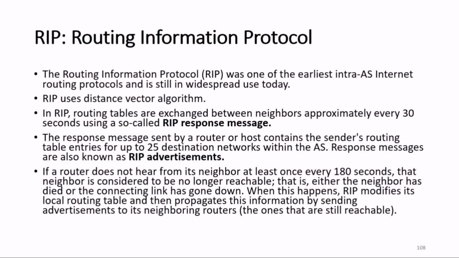In RIP, routing tables are exchanged between neighbors approximately every 30 seconds using a so-called RIP response message. The response message sent by a router or host contains the sender's routing table entries for up to 25 destination networks within the AS. Response messages are also known as RIP advertisements.